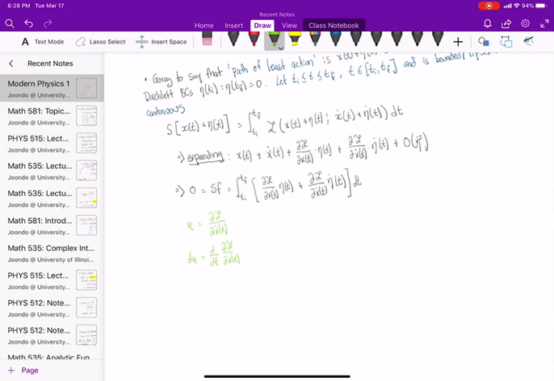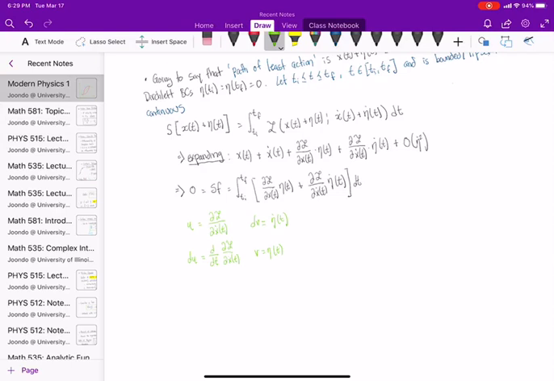And we get dv is equal to eta prime of t, and v is equal to eta of t.